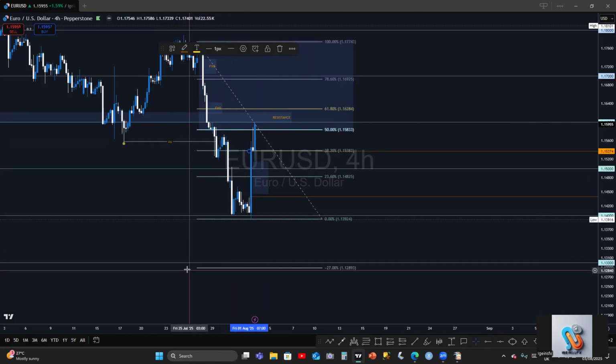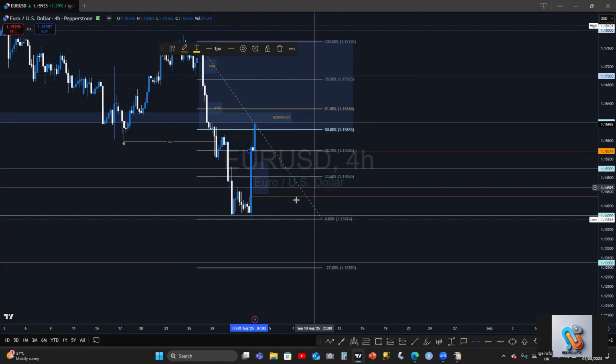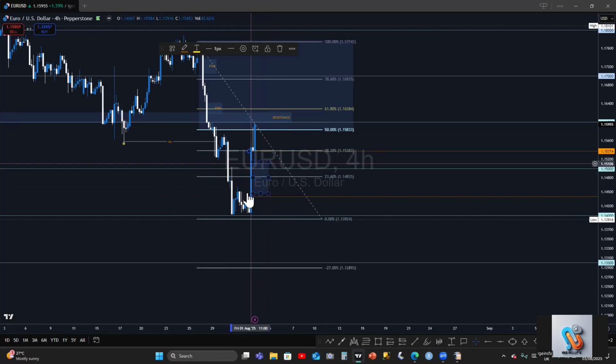It's only when there's volume in the market, maybe news release and all that, that usually creates a gap. And once that gap is created, it's a level where price will come back to in future to close up this imbalance.